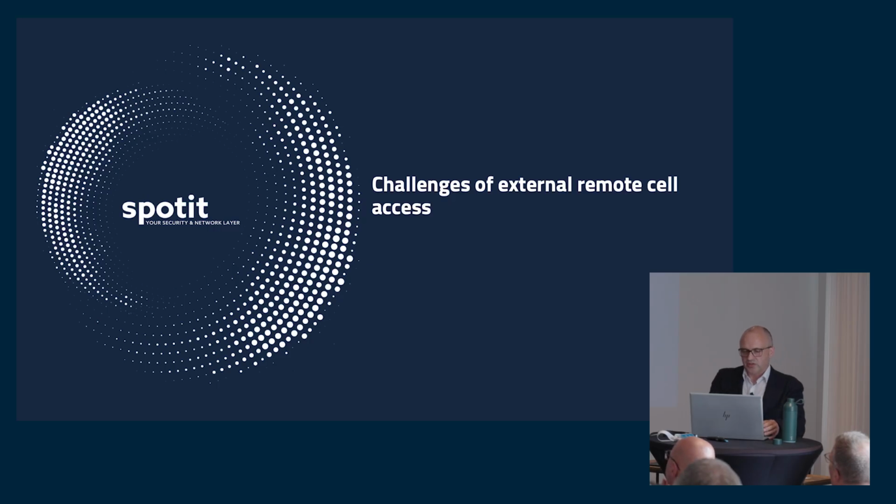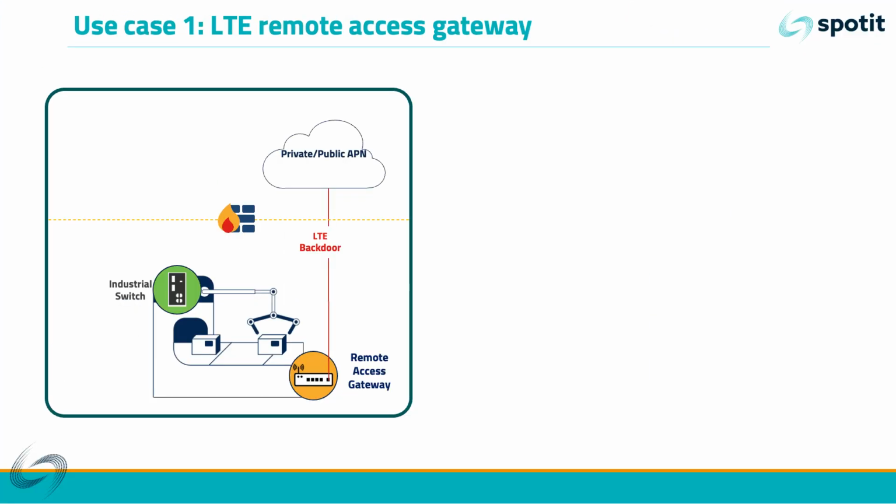So which challenges do we see with external remote cell access? Let's have a look at our first use case, the LTE remote access gateway. Sometimes it's hard to protect against solutions that are placed by a third-party vendor in your environment, right? The original manufacturer says, okay, if you want to monitor your environment, we are going to place this piece of hardware, and it's up to us to manage it and to use it to control your environment.